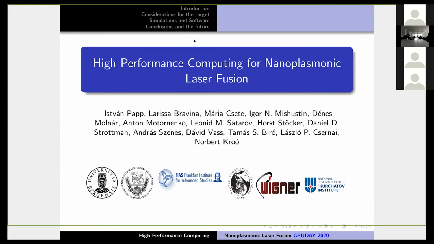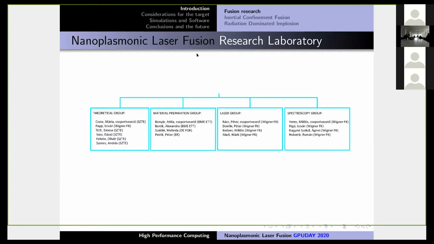I will emphasize here that this is a new laboratory, the Nanoplasmonic Laser Fusion Research Laboratory, which has started recently. It is a very large group of researchers, a theoretical group, a laser group, and there are some materials specialists and a spectroscopy group.